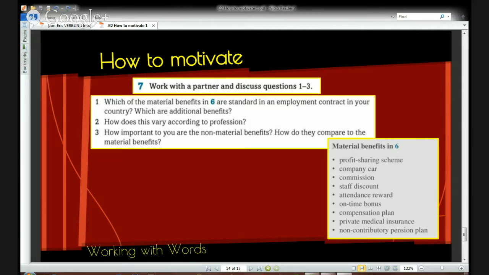And what about you, Giuseppe? Were material benefits a consideration when you were looking for a job originally or now? No, firstly, I look at the job itself. Normally when I applied for a job and made the job interview, I didn't ask about benefits provided by the company.